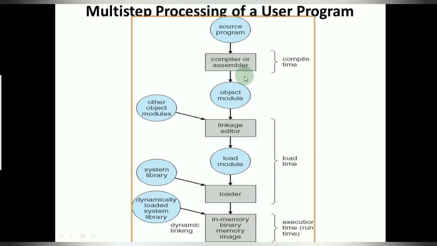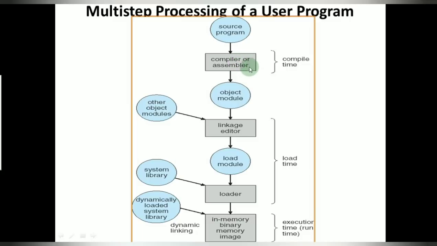At compile time, if it is known where the program will reside in physical memory, then absolute code can be generated by the compiler, which contains the actual physical address. However, if the load address changes at some later time, then the program needs to be recompiled.